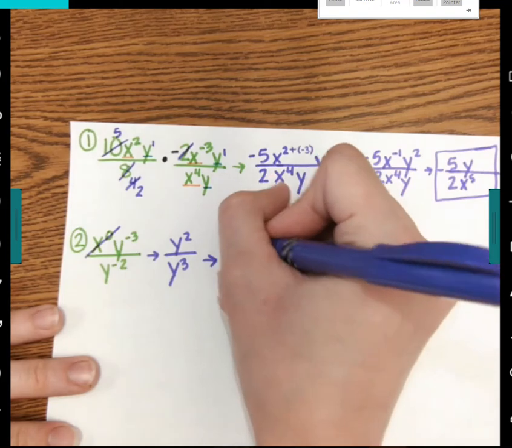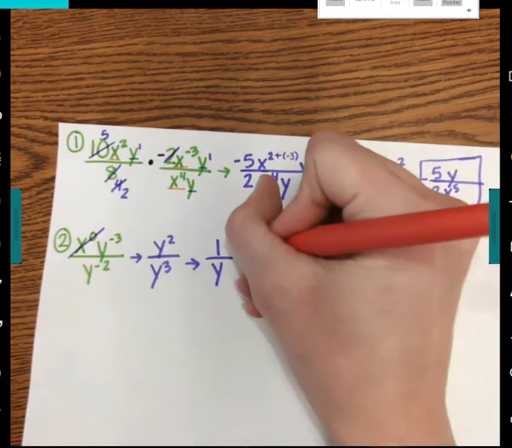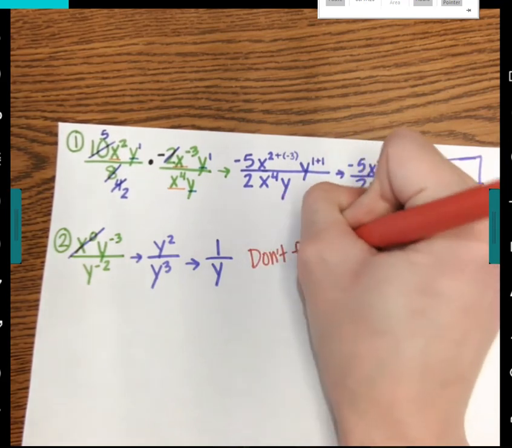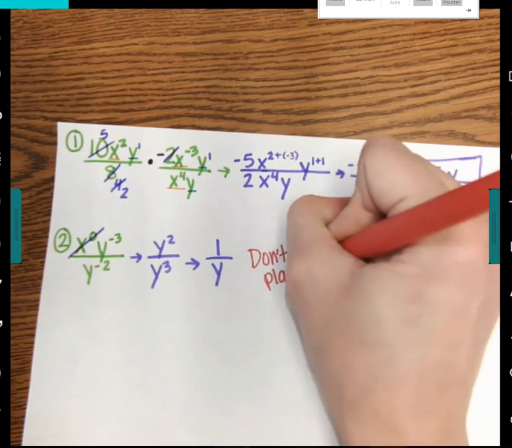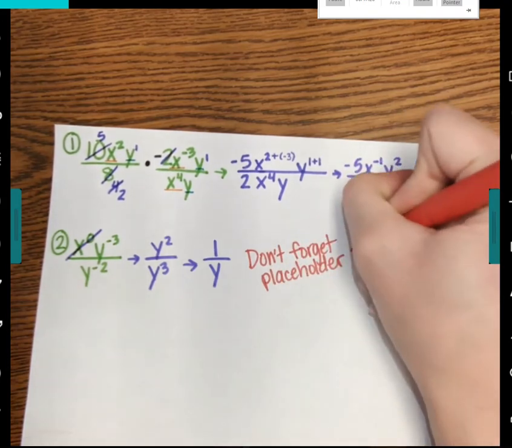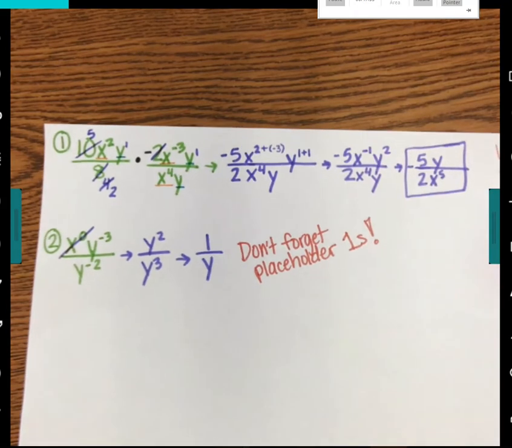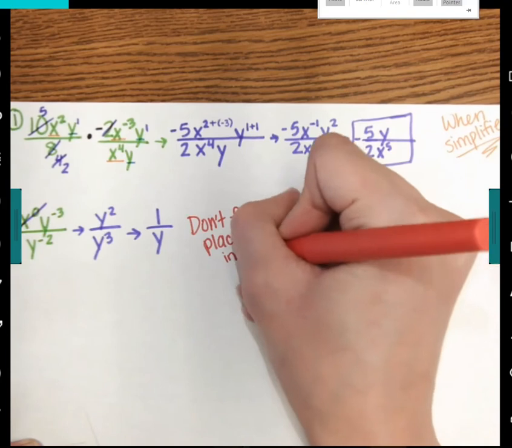And you need to have a placeholder. Don't forget placeholder 1s. To clarify in your fractions.